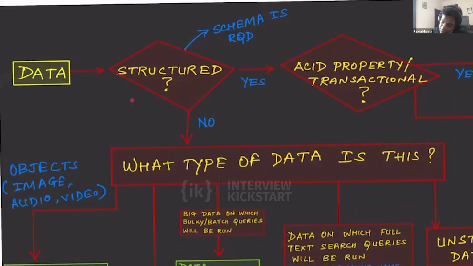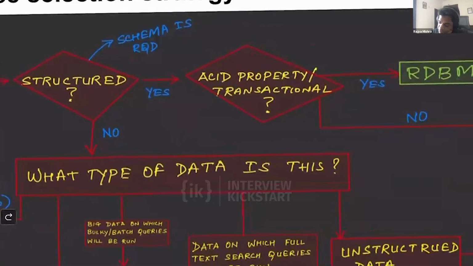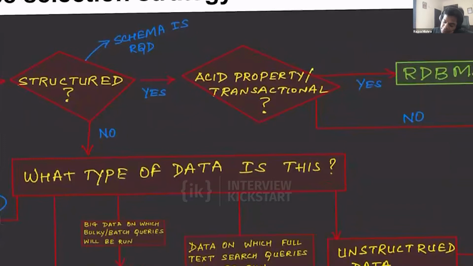If the data is structured, by structured we mean that there is a tight schema for the data, then in that case, yes, the schema is required. In that case, you identify whether you need ACID properties. Do you need a transactional system? So let's take the example of maybe a ticket booking system or a bank.